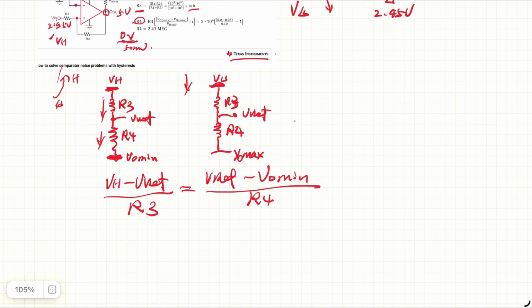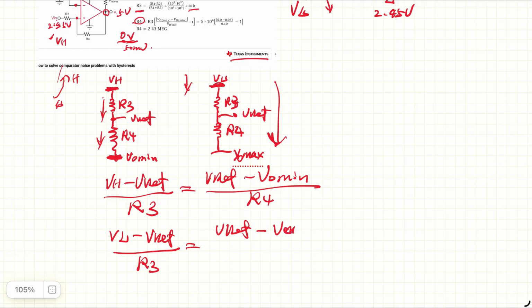By the same token, the second equation has VL, the low threshold, minus VREF divided by R3, equals VREF minus V out max divided by R4.